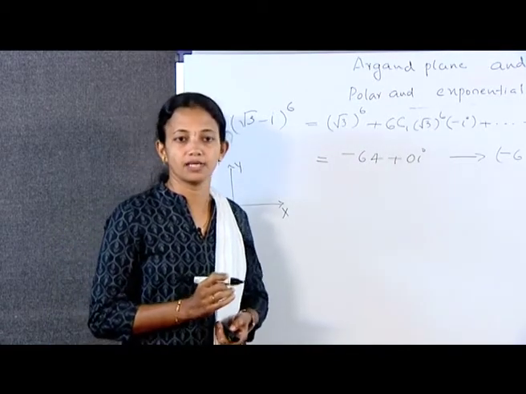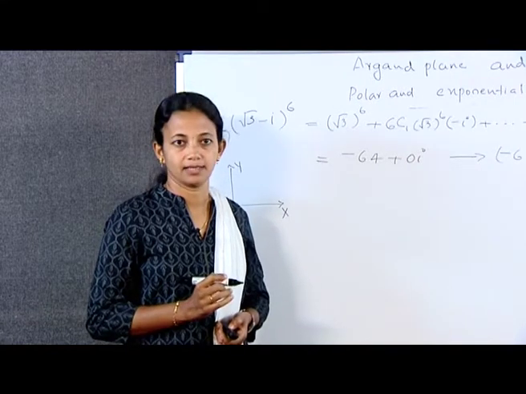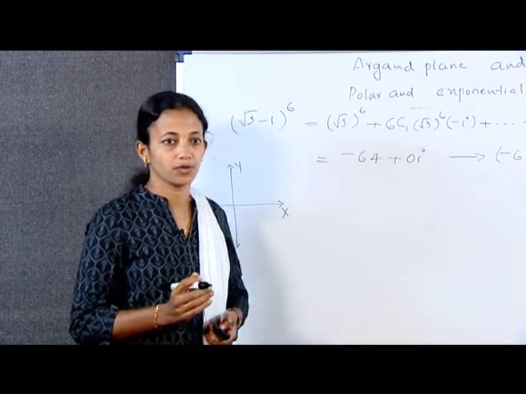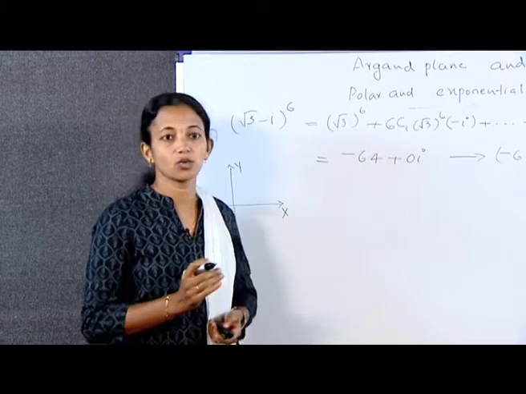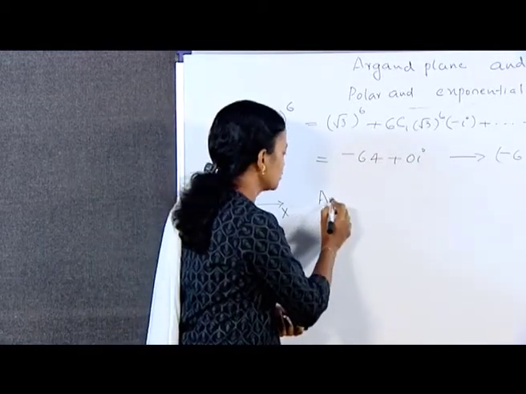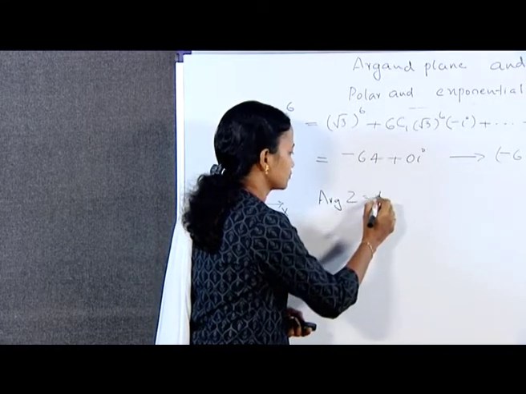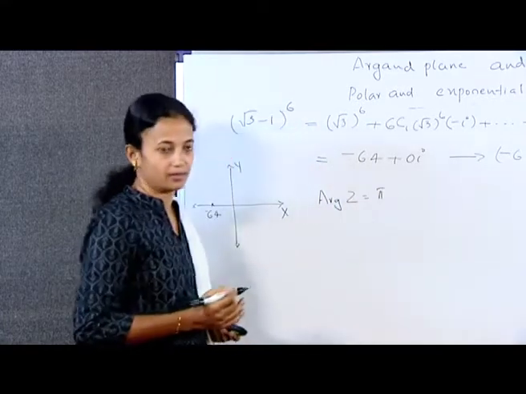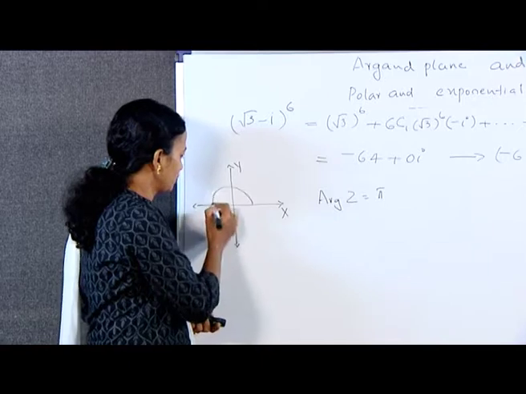Hence, from the figure it can be seen that the principal amplitude of root 3 minus i whole raised to 6 is argument of z is equal to pi.